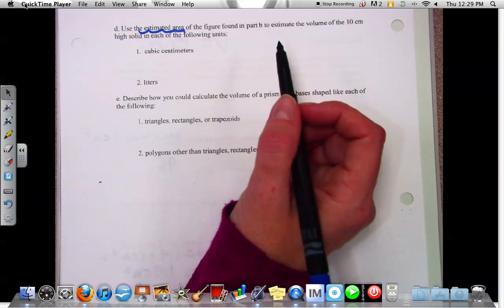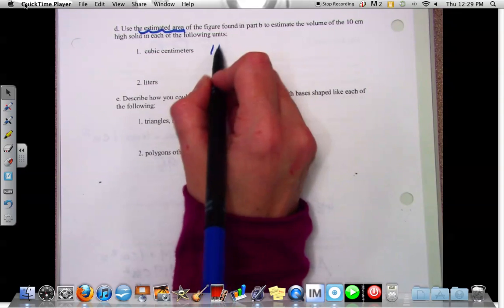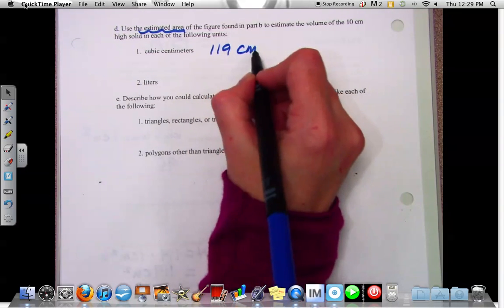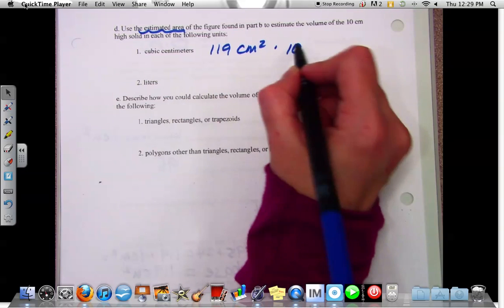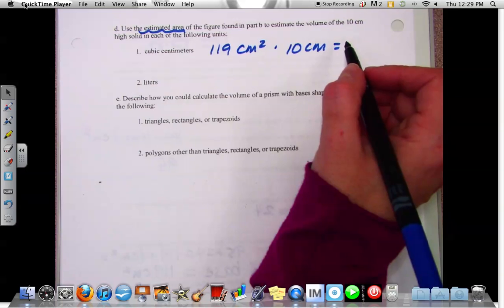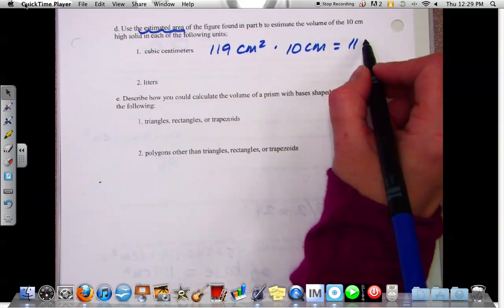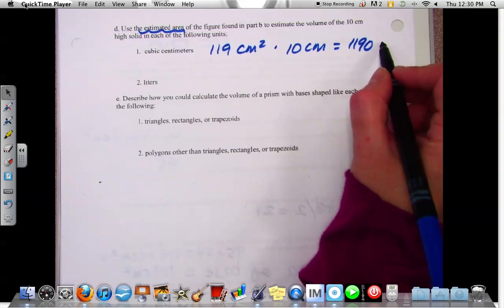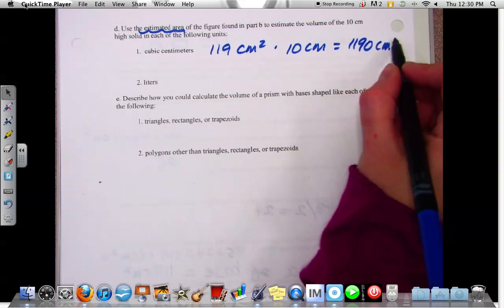So, what do I need to do now? Multiply your base by the height. Take your base, and yours might be different than mine, and multiply it by 10 what? Centimeters. And what does that give me? 1,190. And what are my units? Cubic centimeters.